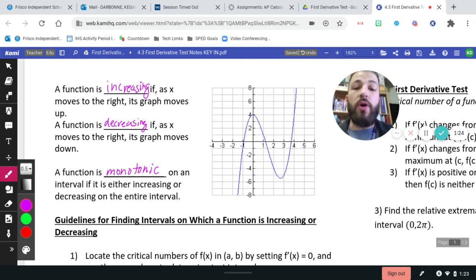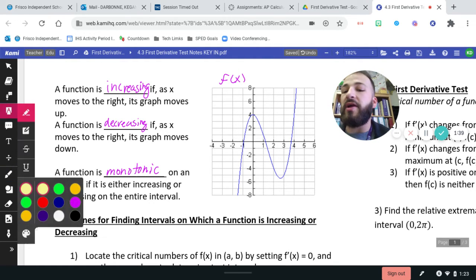Over to the left and the right, let's say this is f of x. We want to identify our areas where f of x is increasing and our areas where f of x is decreasing. Let's say increasing is going to be this little green highlight, and decreasing is going to be our blue highlight.